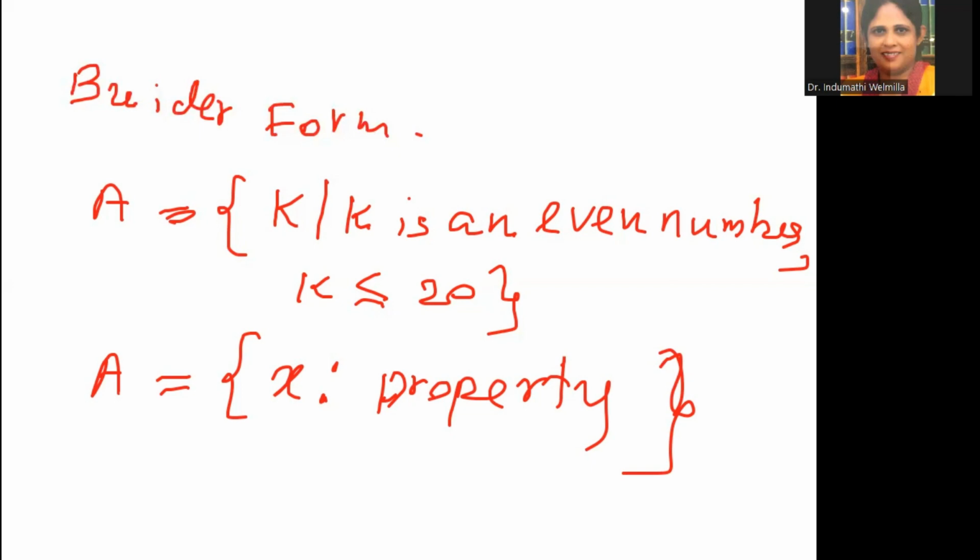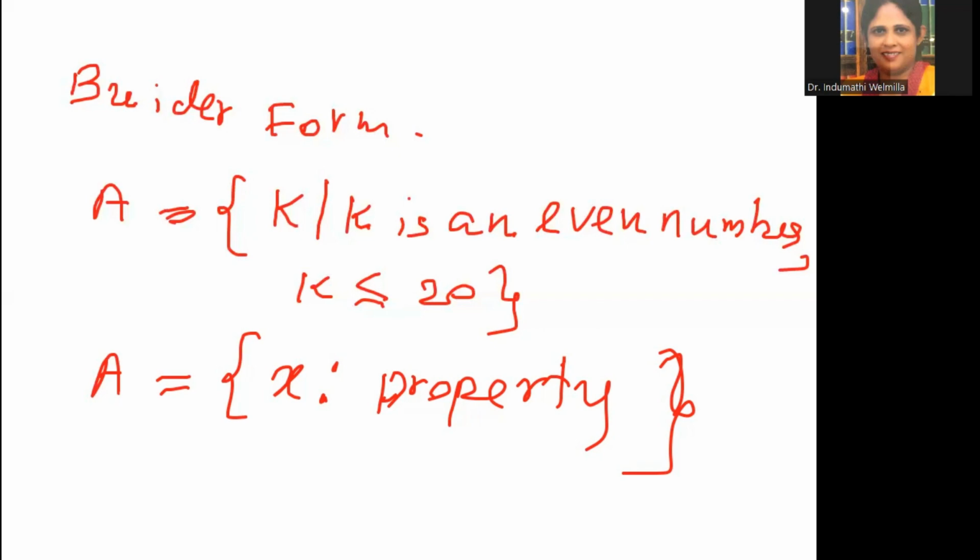In builder form, we always describe what the relevant elements are, that is, which elements should be included in the described set.